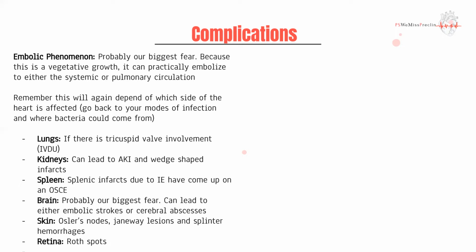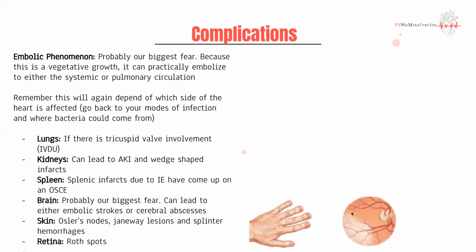You can also have AKIs with renal infarcts and splenic infarcts as well. Roth spots are another big one and can often be picked up on an ophthalmological examination if done well. As you can see, there are some splinter hemorrhages right there. There are some Roth spots which can be seen, and you can also develop cerebral abscesses, as we talked about.